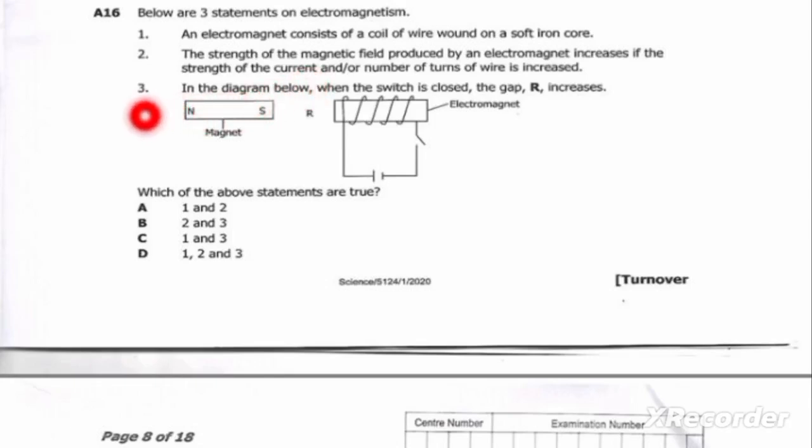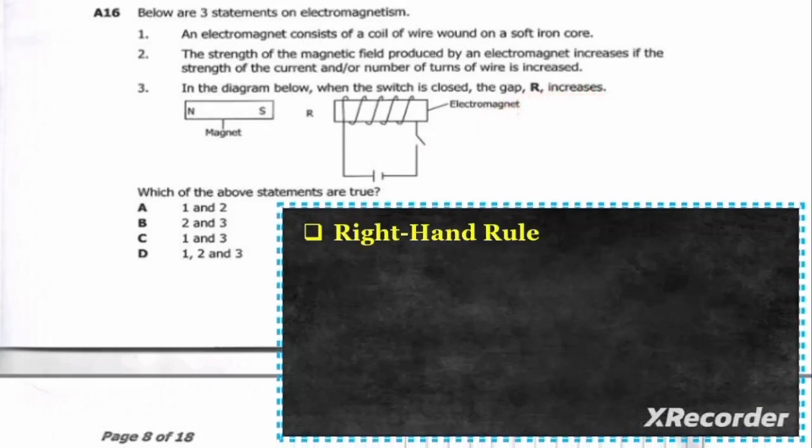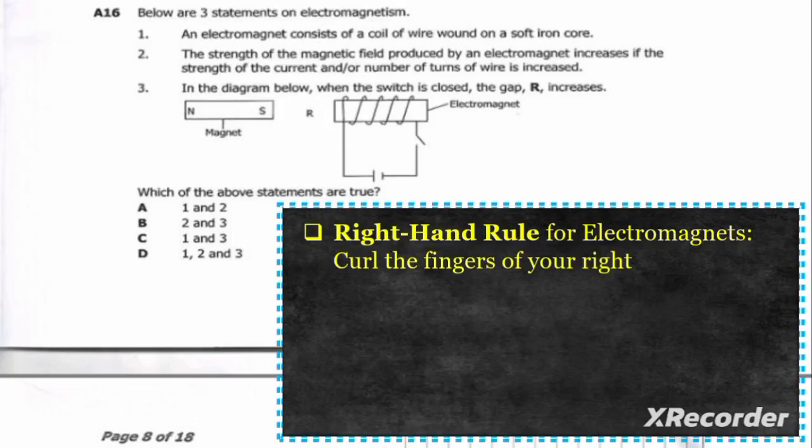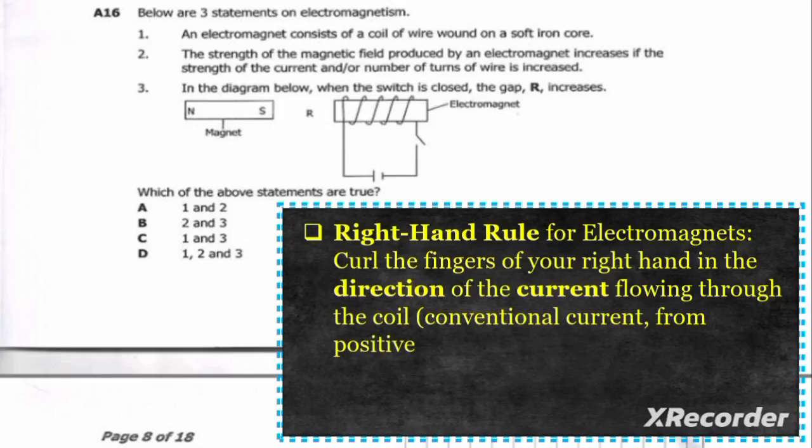Let us also consider 3. In the diagram below, when the switch is closed, the gap R increases. Let us use the right hand rule for electromagnets. Curl the fingers of your right hand in the direction of the current flowing through the coil, conventional current from the positive to negative.